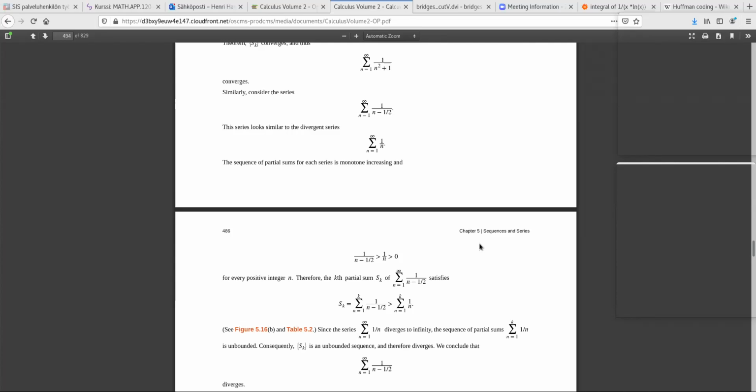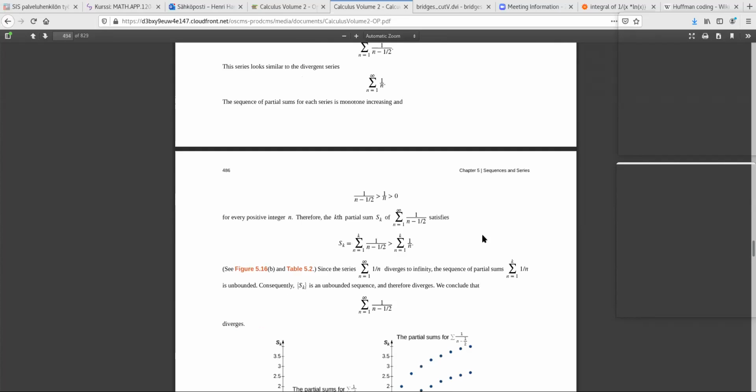So because the 1 over n series diverges, this 1 over n minus 1/2 series will also diverge, because we are adding things that are bigger than 1 over n, and the 1 over n series goes to infinity. Fairly simple thing.